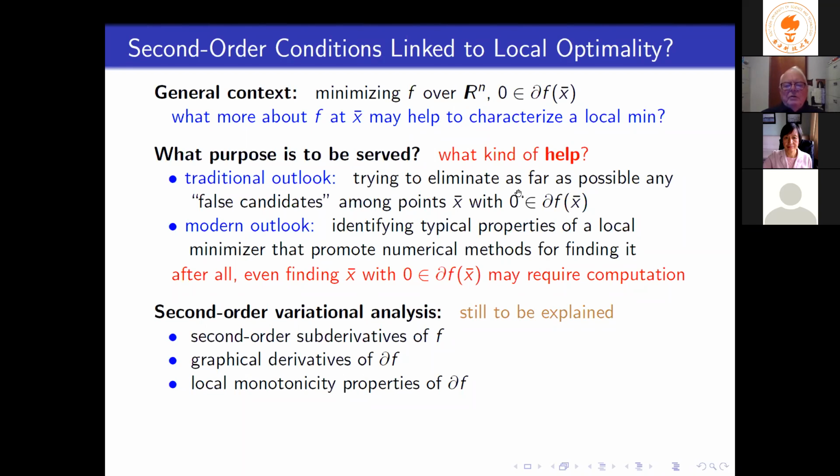So what we want to do is find conditions on the function f, some derivatives or something, which eliminate candidates that satisfy the first condition but happen not to be a local minimum. Those are false candidates. But that's not really the purpose of second order optimality today. Because what is it that we look at today? What we're looking at, we want the kinds of properties.